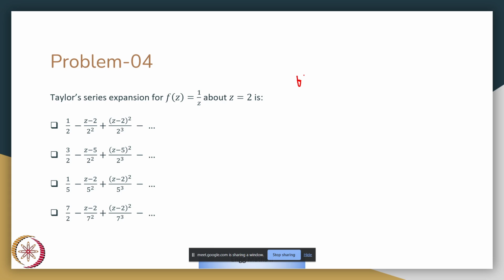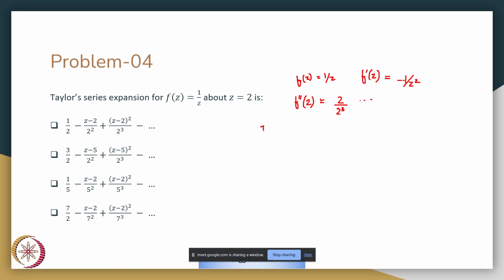So we have f of z equal to 1 by z, f dash of z is minus 1 by z square. Similarly, if I take f double dash of z, it is minus 1 into minus 2, which is 2 upon z cube, and so on.